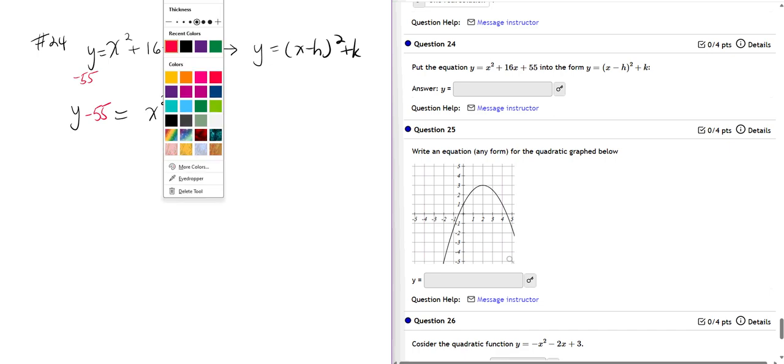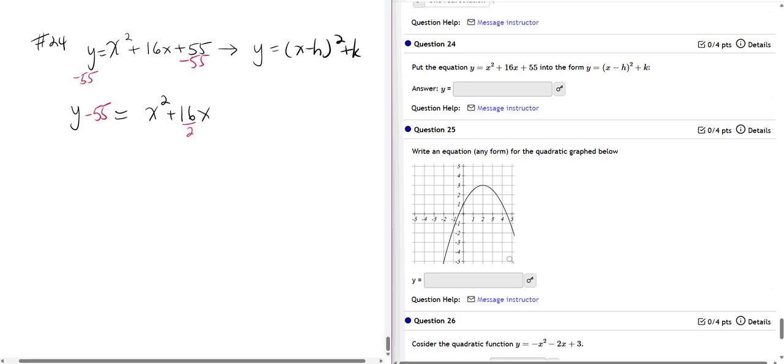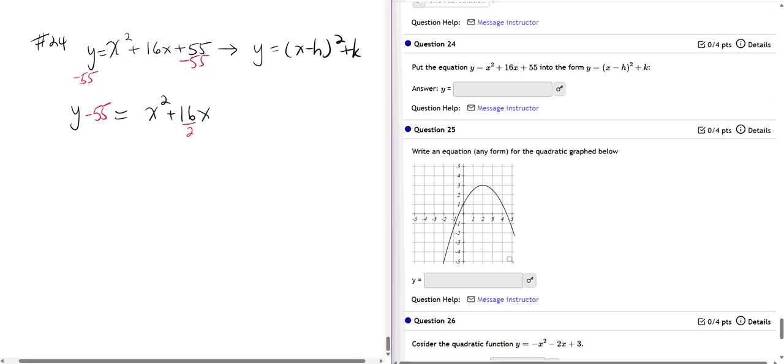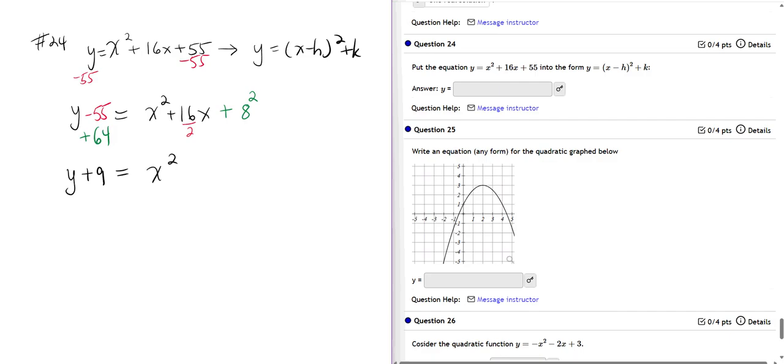So I'm going to take half of that, and then I'm going to add half of that squared. And if I'm adding it to the right side, I have to also add it to the left side. So then, simplifying this, I get y plus 9 on the left, and on this side I get x squared plus 16x.